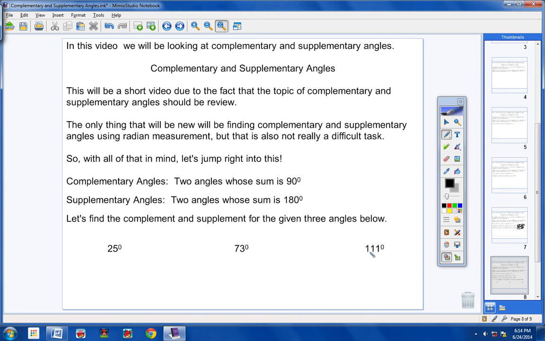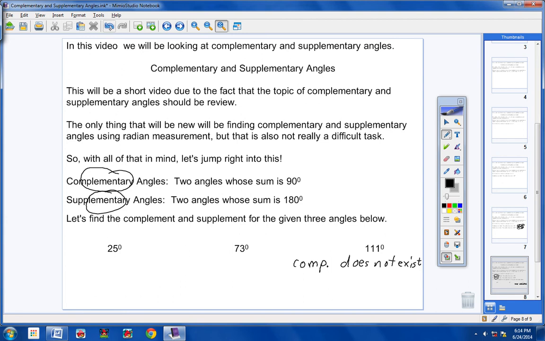Now, if you'll notice, there's not going to be a complement for 111 degrees. So the complement of 111 degrees does not exist. I mean, think about it. Unless you wanted to use negative angles, and we are not going to use negative angles when it comes to complementary or supplementary angles.